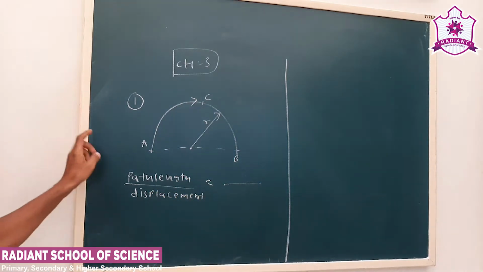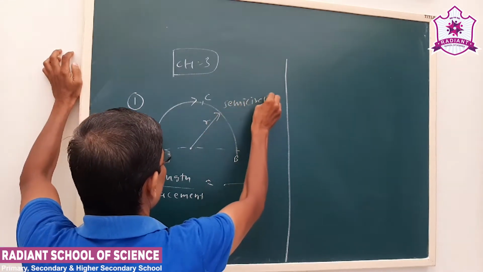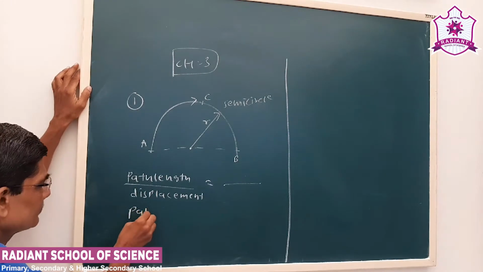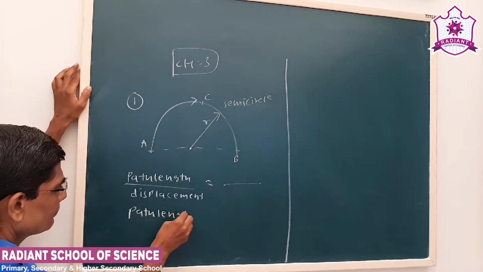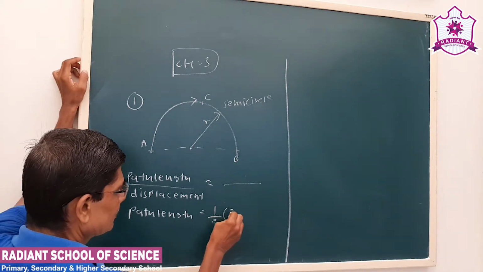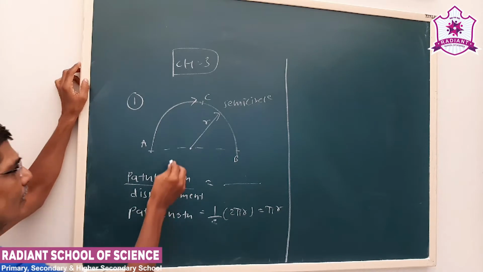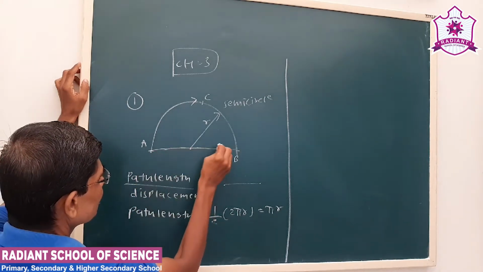Now see, here is a semicircle. So the path length will be half of the circumference of the circle. What is the circumference of the circle? 2 pi r. Now see, displacement is the shortest distance.